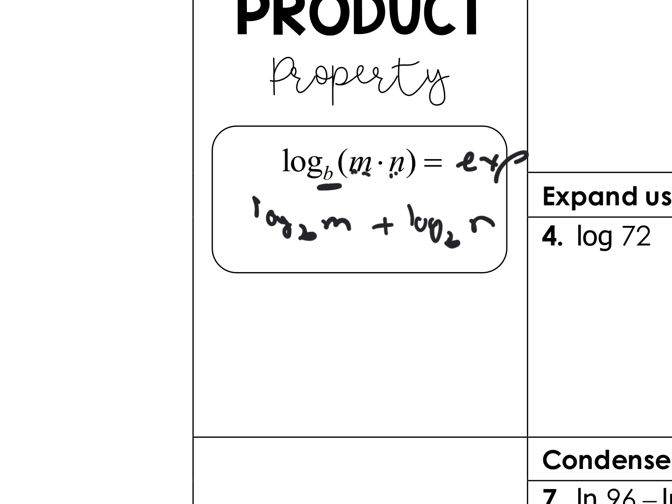So let me ask you a question. If I had 2 to the 4 times 2 to the 6, what's another way of writing that? What's the rule of exponents?